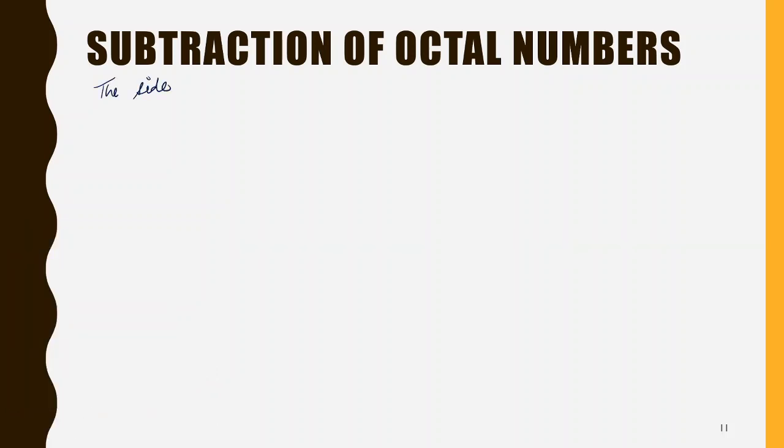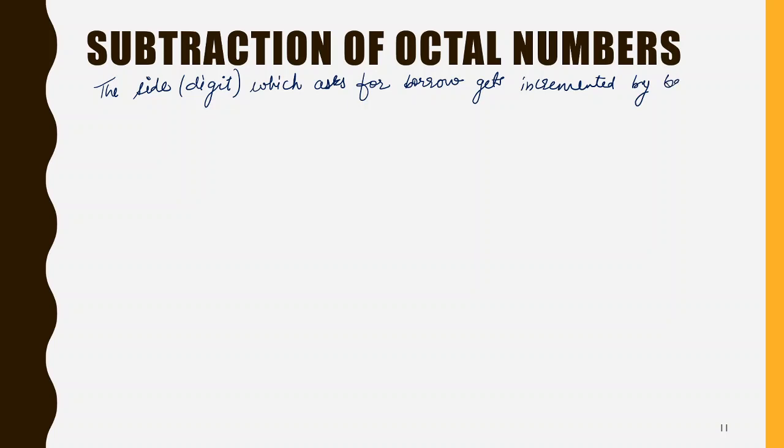The digit which asks for borrow gets incremented by the base, and the digit which gives borrow gets decremented by 1.